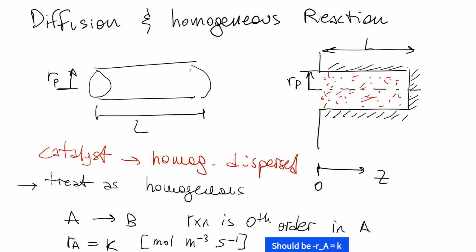So here now given is the concentration outside of this pore. It's going to be CA0, and basically it's going to be the concentration at this interface. Okay. A has diffusivity DA in the pore.